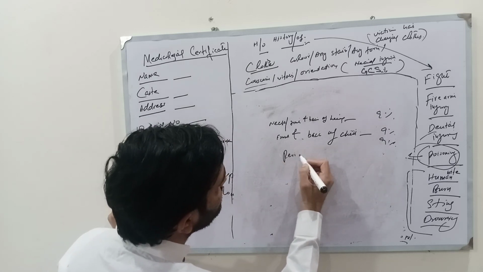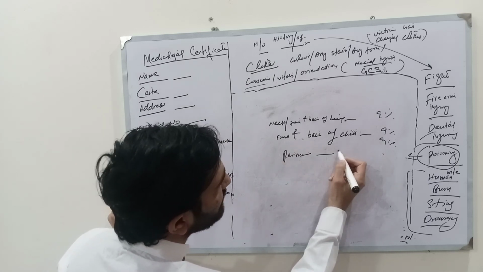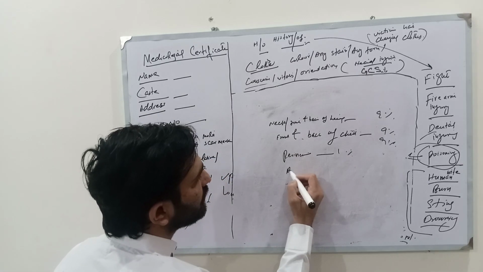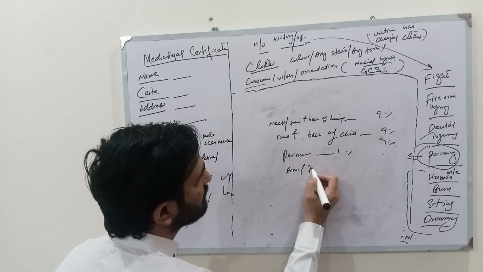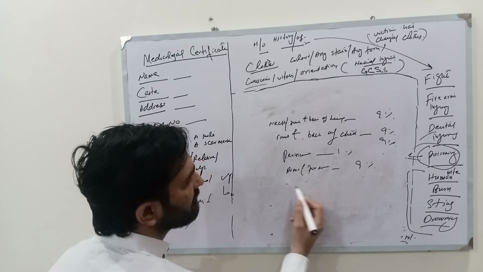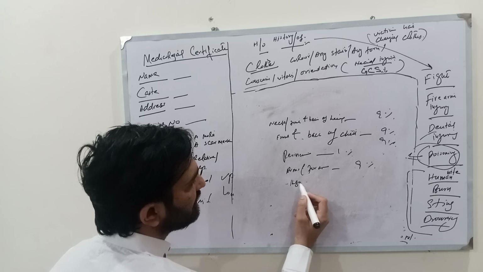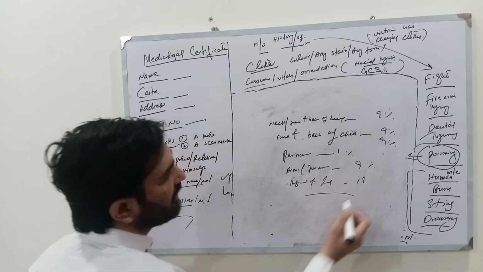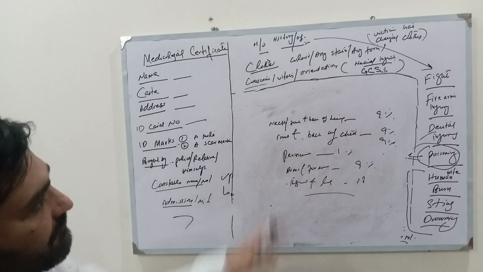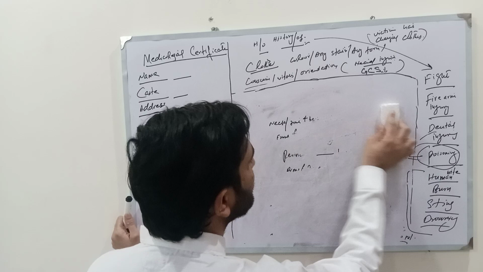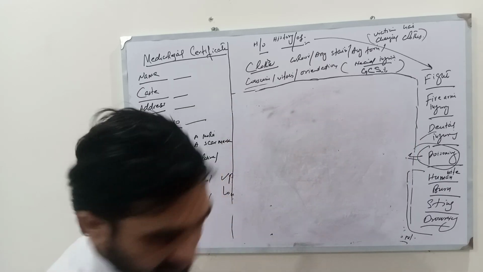Perineum 1%. Arms and forearms 9%, and thighs and legs 18%. If you remember these simple areas, then you can solve burn cases.